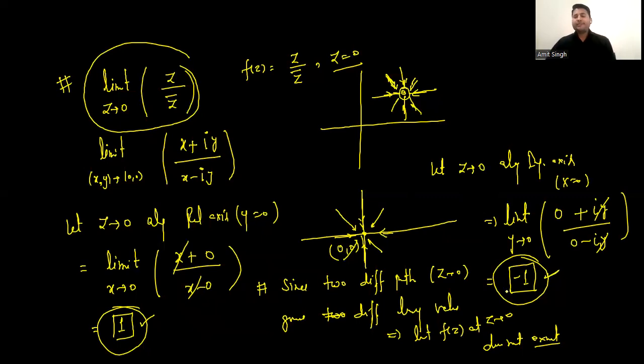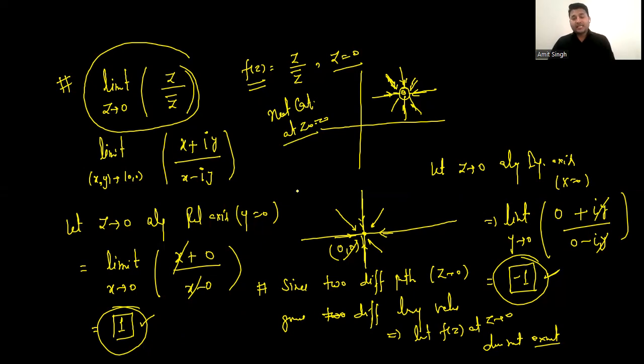Here, you can see the limit of the function does not exist, as already proved. So since the limit does not exist, this function f(z) is not continuous, or we can say discontinuous, at z equals 0.